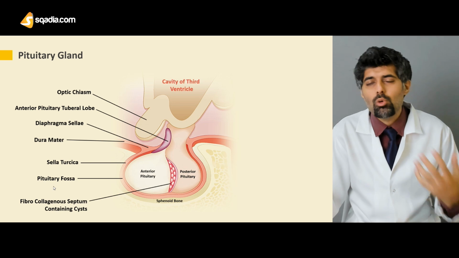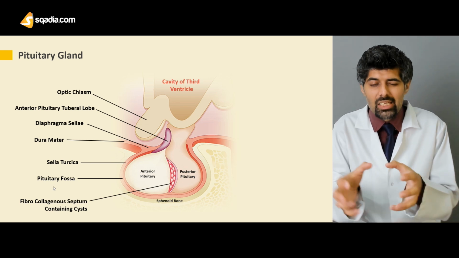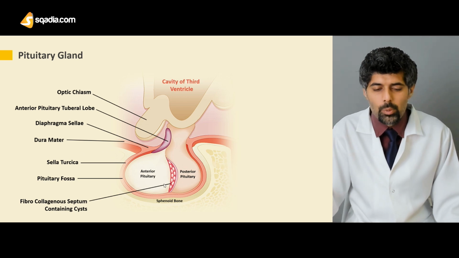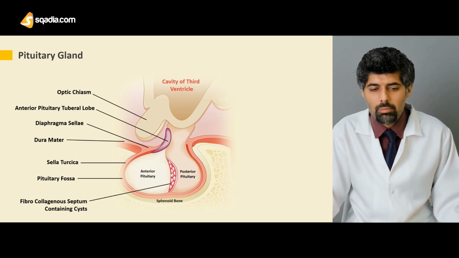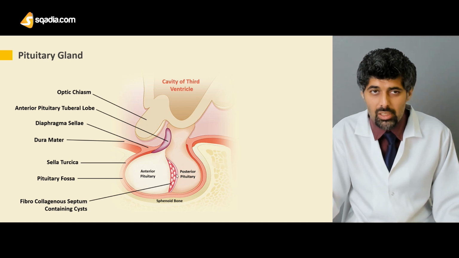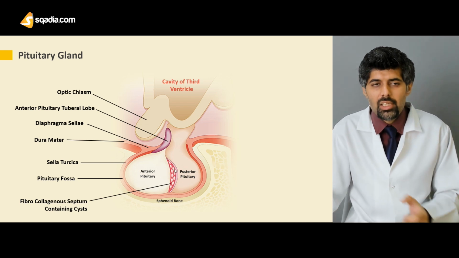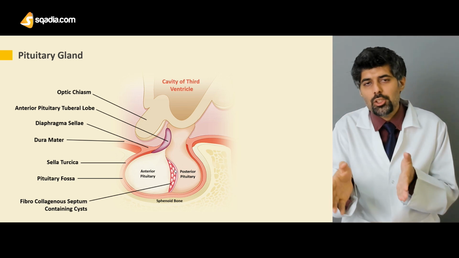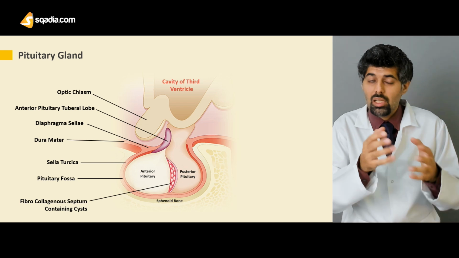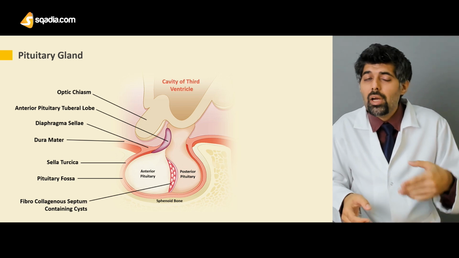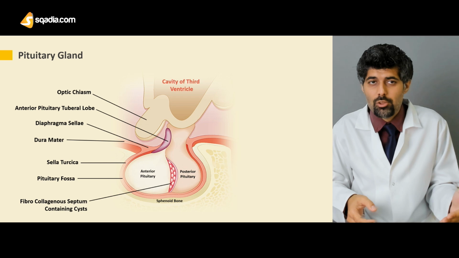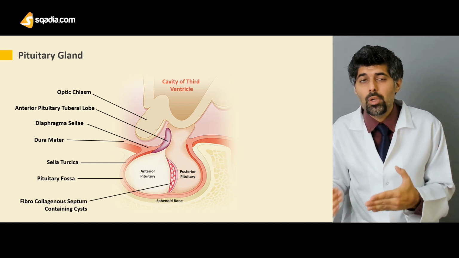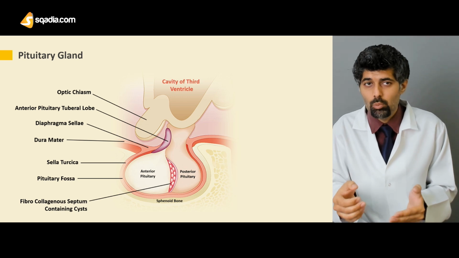Next we have the fibrocollagenous septum that contains cysts. This septum between both lobes of the pituitary gland is necessary because, like I said, the anterior lobe has a different method of manufacturing hormones while the posterior lobe has a different method of manufacturing and releasing hormones.